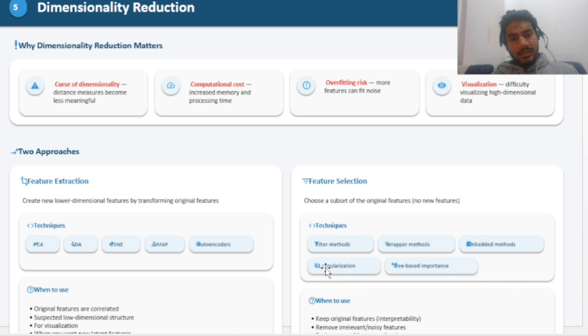Its examples are PCA, LDA, autoencoders, etc. Feature selection keeps the original meaning of the data, and feature extraction creates powerful new features but loses direct interpretability. This is all about question number 5. Now let's look at question number 6.